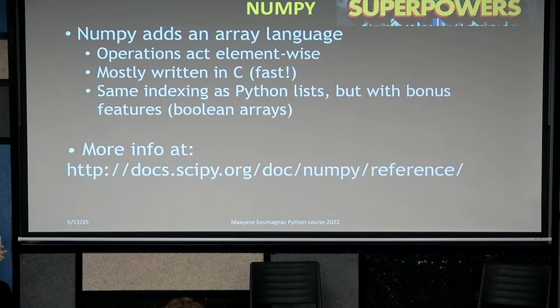This is an important difference from other languages. So if you add two arrays, the elements will be added element-wise. Same for multiplication. Arrays are not lists. There are all kinds of bonus features which I will show you. For example, you can have arrays of booleans that are very useful.